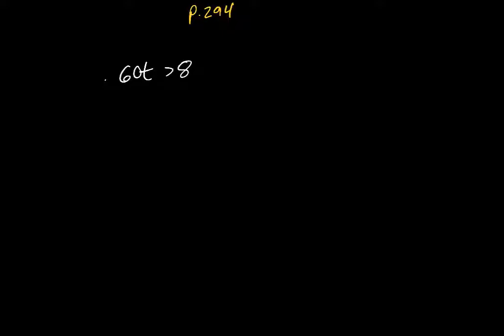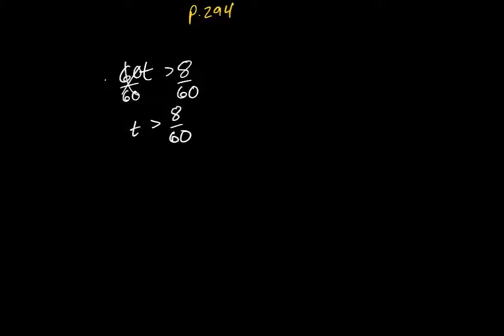Now to solve this, all we have to do is divide by 60 on both sides. Cancel that out. We have t is greater than 8 over 60.